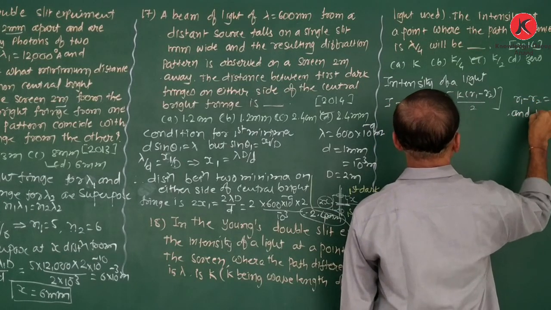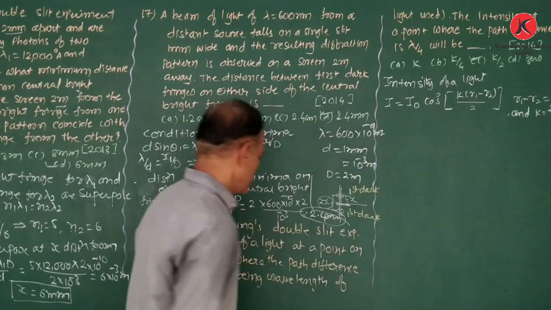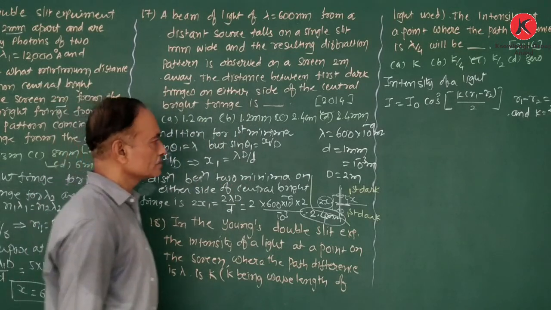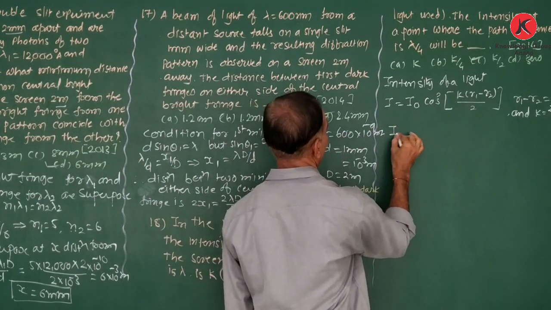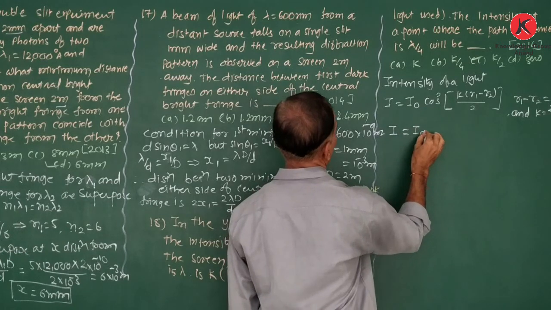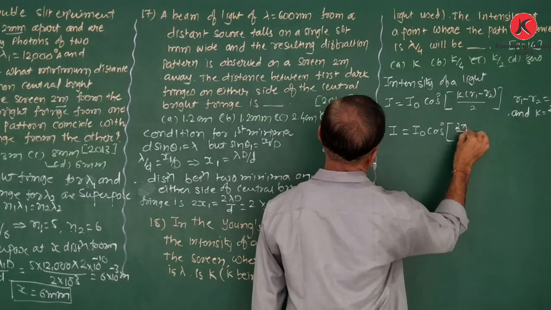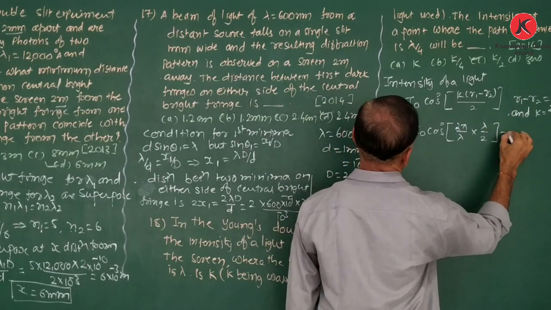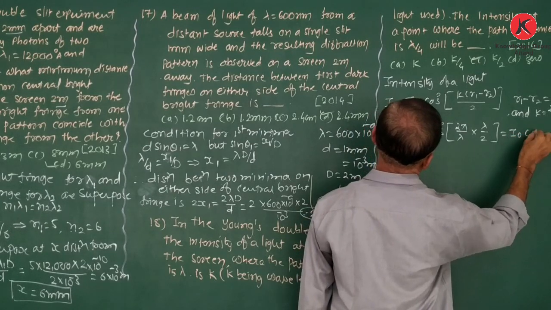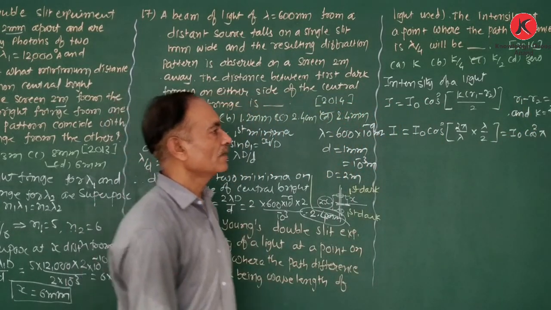Substituting, I is equal to I0 cos square pi.